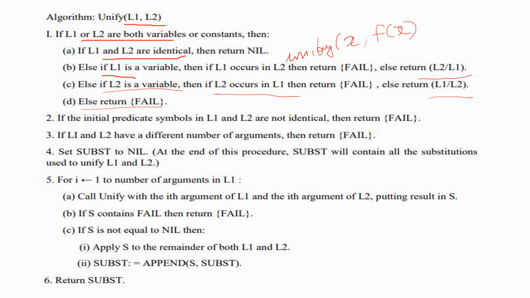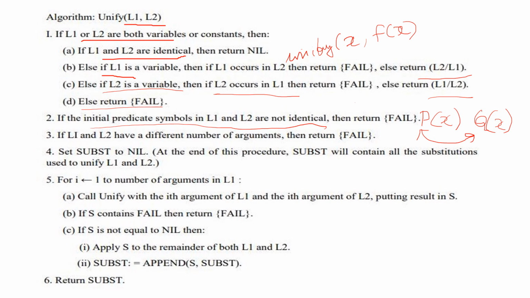In step 2 we have to check predicate symbols. If the initial predicate symbols in L1 and L2 are not identical, then it will return fail. For example, if the first one is P(x) and the second one is Q(x), then P and Q are different predicates, so no substitution is possible.